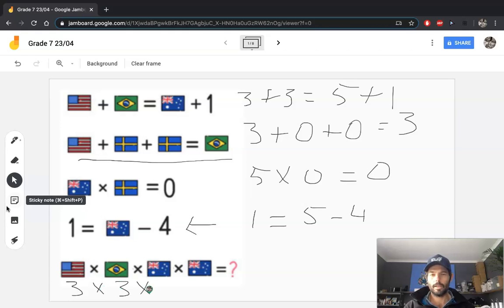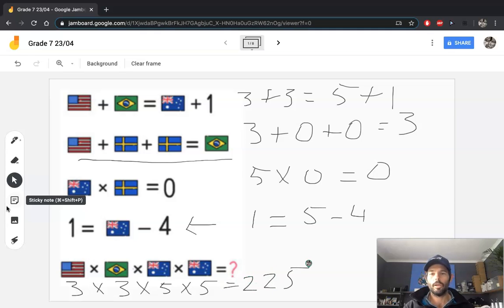I know that that's either the Australian or the New Zealand flag, and that's going to be 5 multiplied by another 5. Now remember that you can do a multiplication sum in any order, so whichever order you prefer. So you can go 3 times 3 is 9, times 5 is 45, times another 5 is 225.